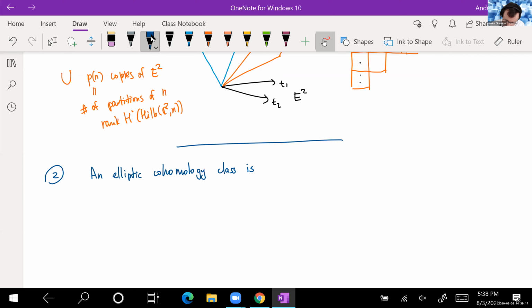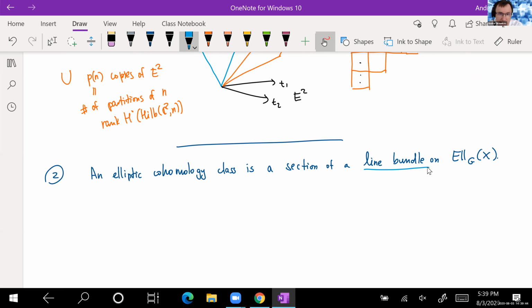So the second best is a section of a line bundle. That makes sense. So in absence of functions, we turn to line bundles, which makes sense.